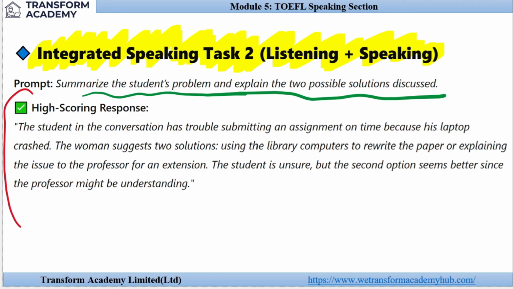The student in the conversation has trouble submitting an assignment on time because his laptop crashed. The woman suggests two solutions: using the library computers to rewrite the paper or explaining the issue to the professor for an extension. The student is unsure, but the second option seems better since the professor might be understanding.